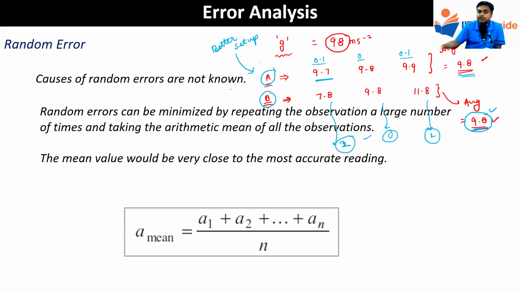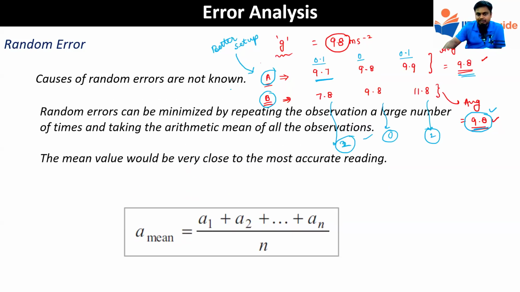Therefore, the first experiment is better. And therefore we add on something more than the average, which is error.